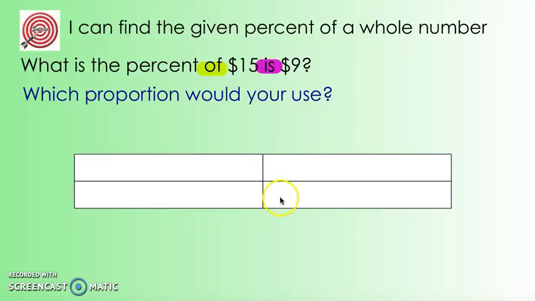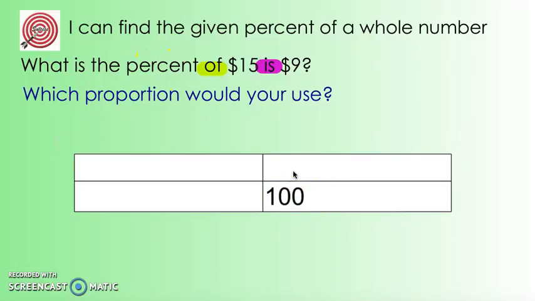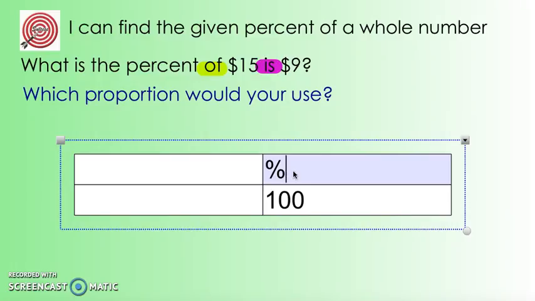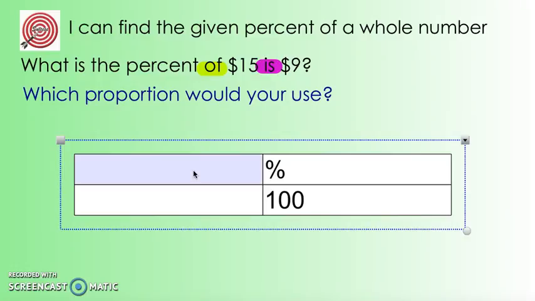Well, okay, if we set this up, first of all, the 100 goes here because we're trying to find a percent and we don't know the percent. So I'm going to leave that one blank. I can just put a percent sign, but we're going to leave it blank. And so now I need to figure out what goes as the part and what goes as the whole.